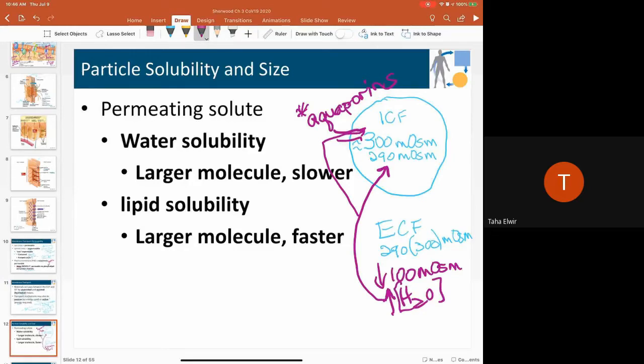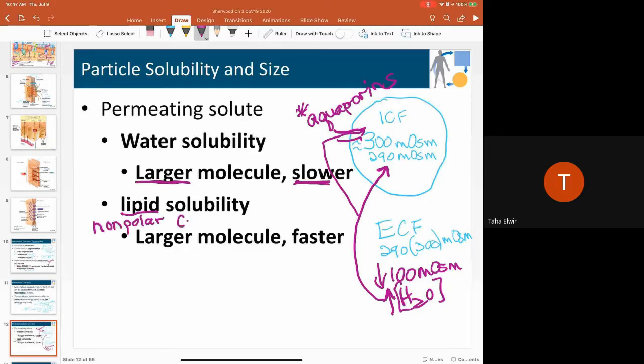The ability to get through a channel depends on the size of the molecule. If the molecule is charged, then the bigger it is, the slower it goes across. If it's like lipid, that means it's mostly nonpolar.